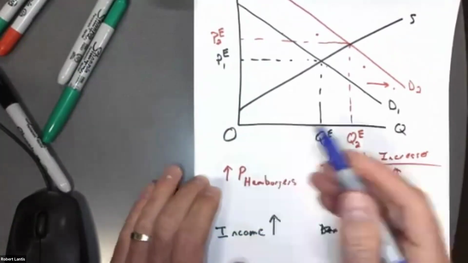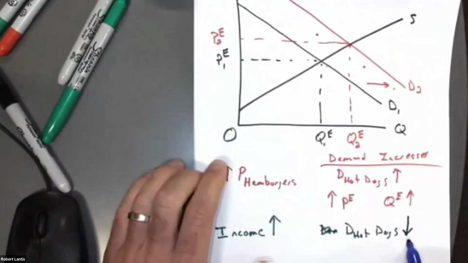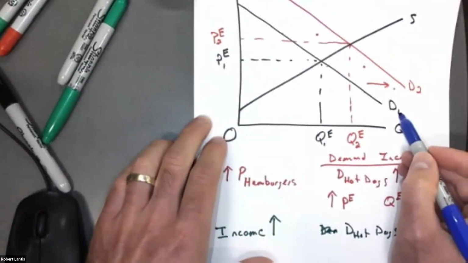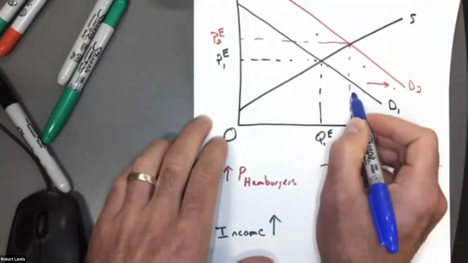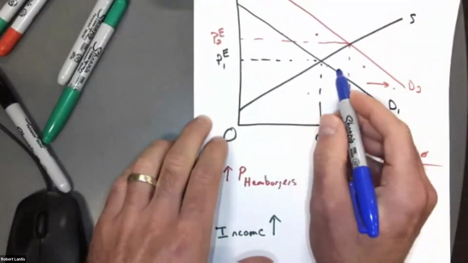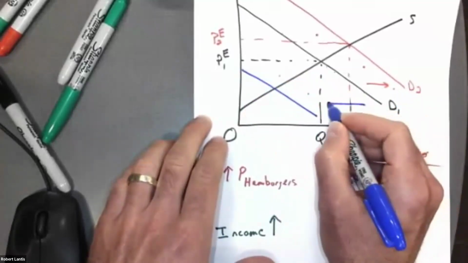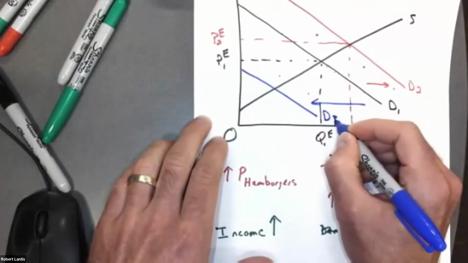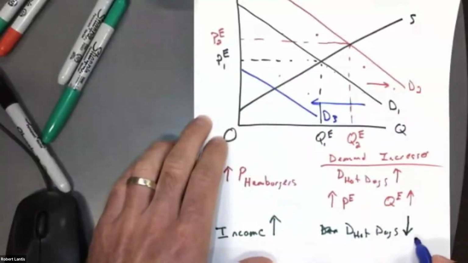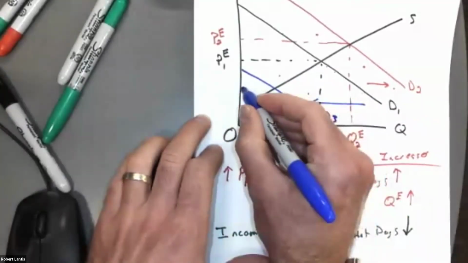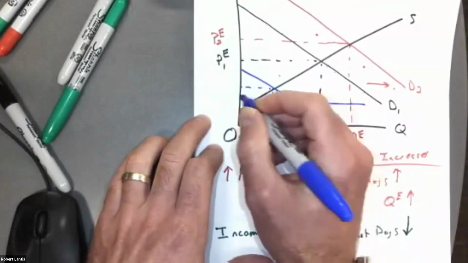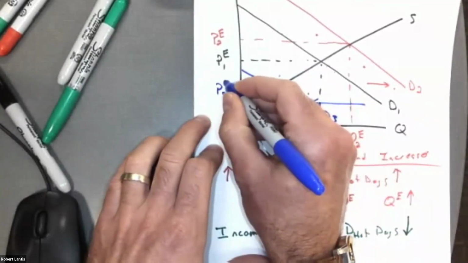So I'm going to change to blue so it's maybe a little bit easier to see. So what does this demand decrease do? Well, if I initially was at this demand curve, a decrease in demand means that at every point the quantity demanded is lower. So here, a demand decrease is going to look like a leftward shift. Where does my supply and demand curve intersect now?